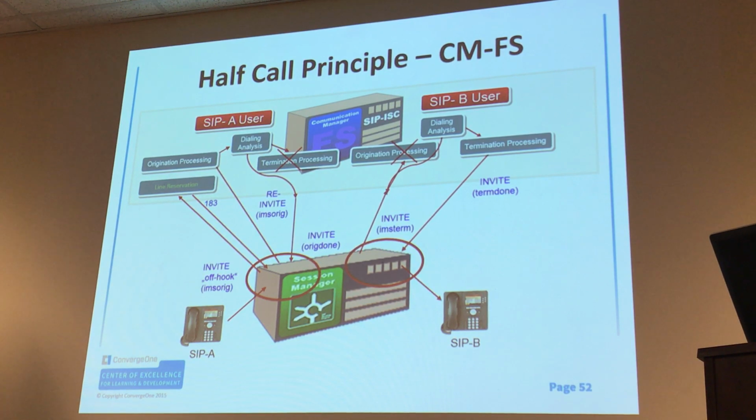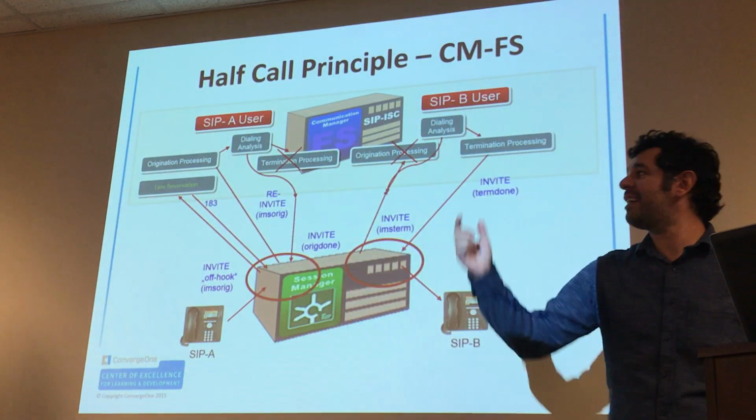If you have non-SIP endpoints registered to your CM, it should be configured as an evolution server. CM as a feature server is only for when you only have SIP endpoints, not registered to CM. They always register to session manager, but grab features from CM, and that's it. No other type of endpoint, only SIP endpoints registered to session manager.